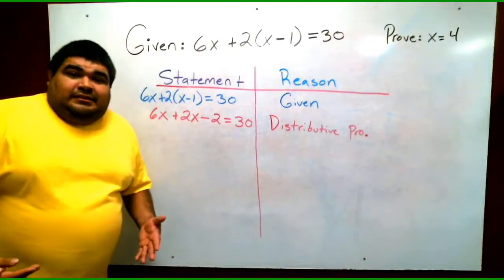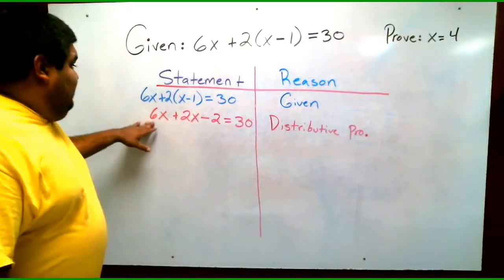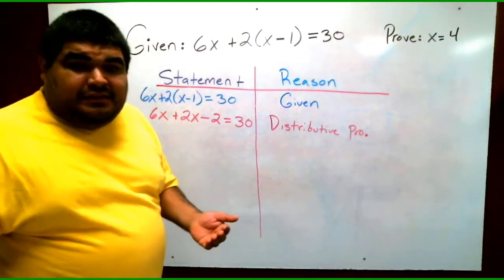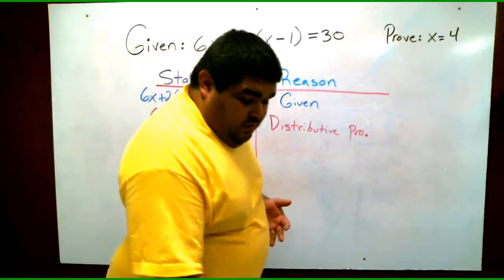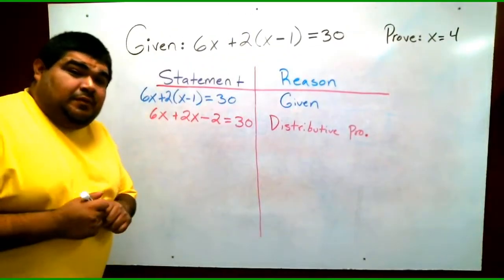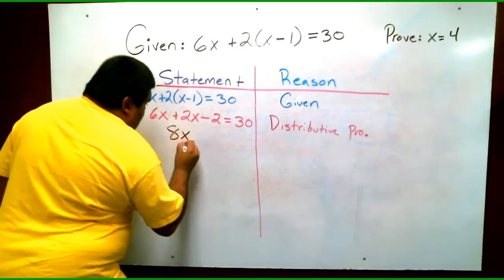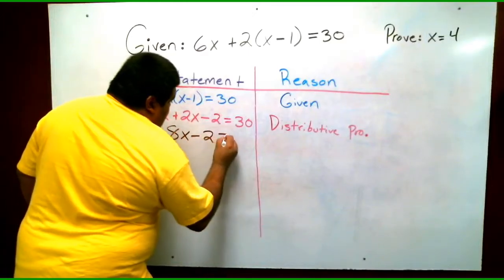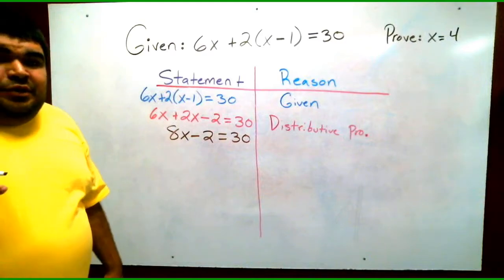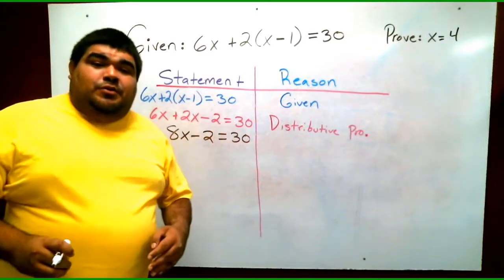Now that we have that, we can actually combine 6x plus 2x. They're on the same side. They both have x's, so they can combine. So we can say that 6 plus 2 is 8, right? So we have 8x minus 2 equals 30. What did we do? All we did is combine 2 numbers to make a new number.